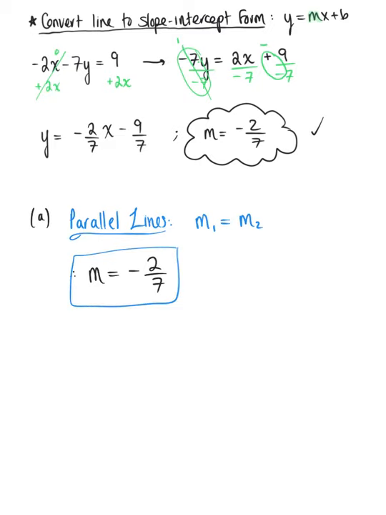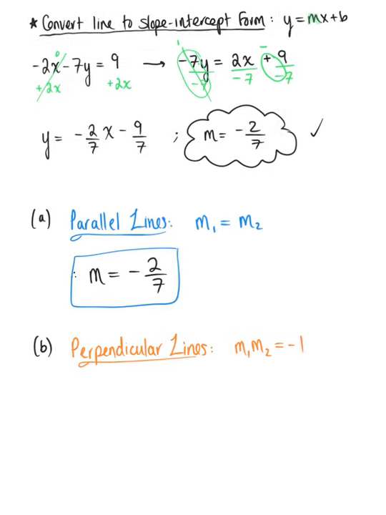Woo! Now for part B, we need to recall what makes two lines perpendicular. So we say that we have perpendicular lines, or two lines are perpendicular to each other if the product of their slopes is negative 1. So if the slope of the first line multiplied by the slope of the second line equals negative 1, these lines are perpendicular.